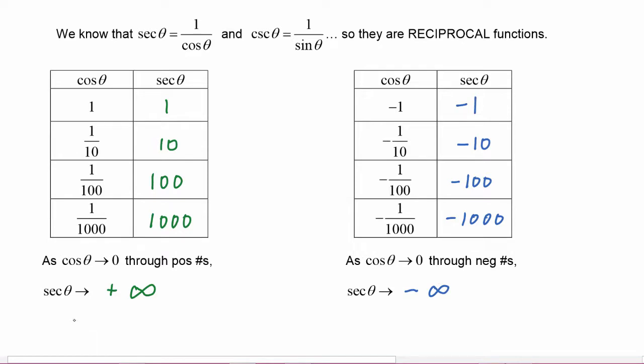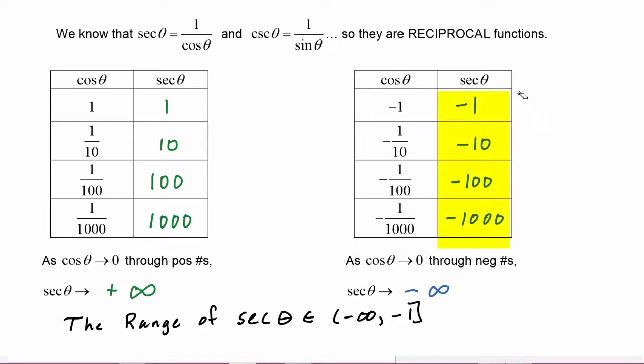So the way we say that is the range of secant theta is in the following union of intervals, from negative infinity up to and including -1. That's what this piece over here is. Union from 1 up to positive infinity.